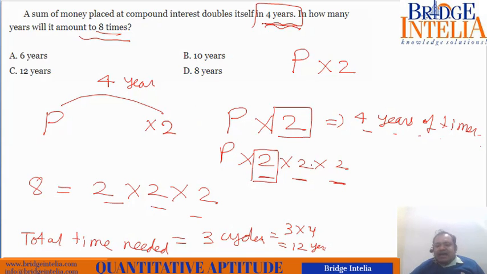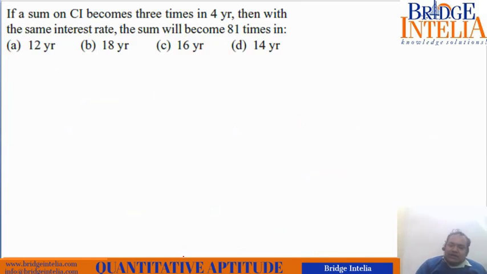So how many cycles are needed to make the amount 8 times? 8 is equal to 2 into 2 into 2. So to make it 8, 3 times multiplication is needed. That means 3 complete cycles are required. One cycle takes 4 years to complete, so 3 cycles will take 12 years.